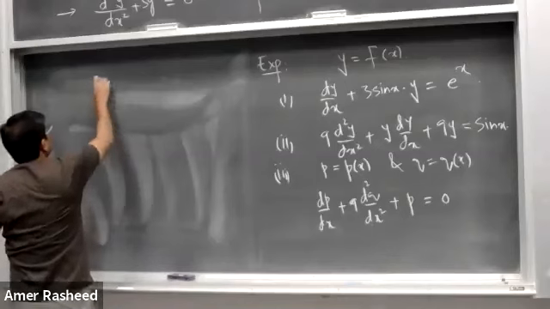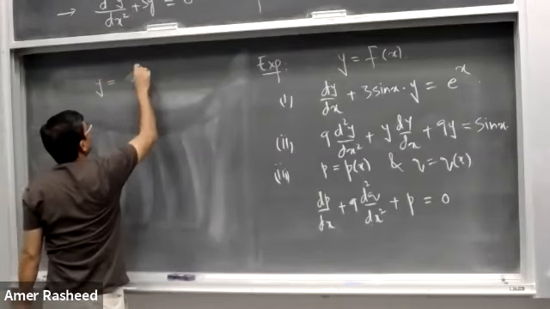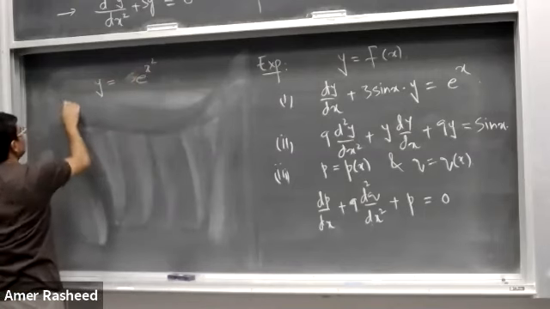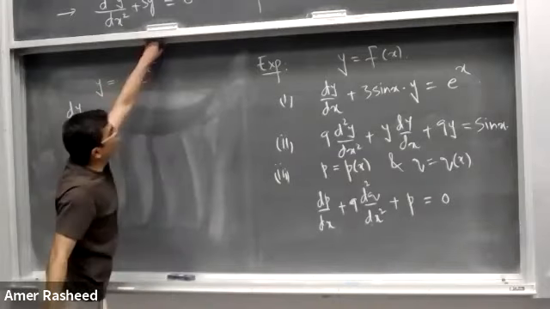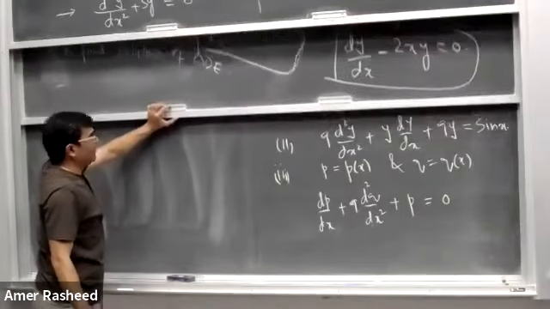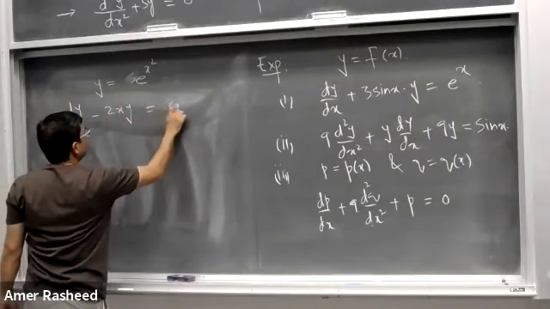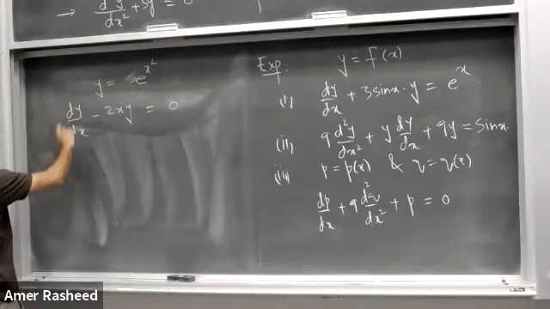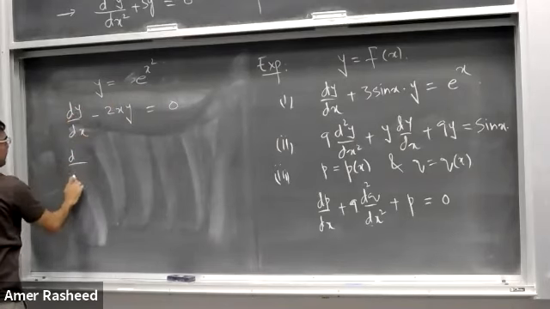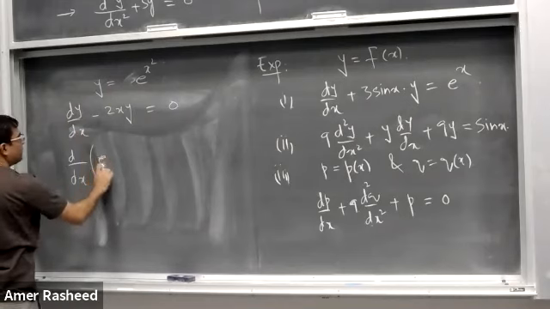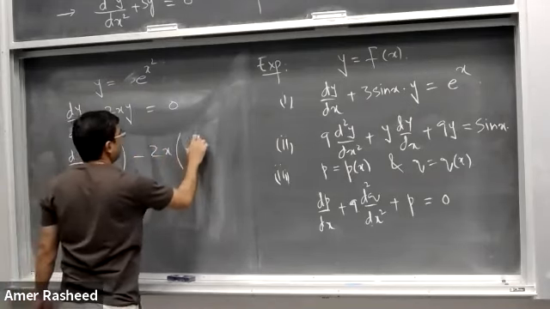For example, y is equal to e raised power x square, and the differential equation is dy by dx minus 2xy is equal to 0. Now you insert this in the differential equation. The derivative of y with respect to x, where y is e raised power x square, minus 2x times y, which is e raised power x square.